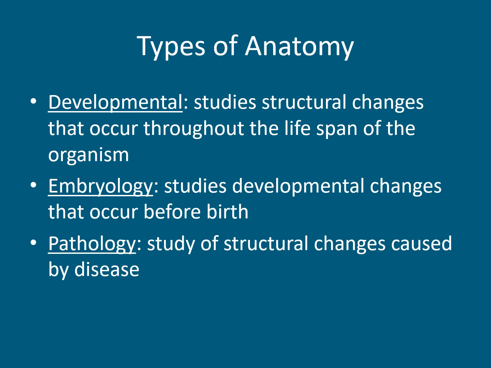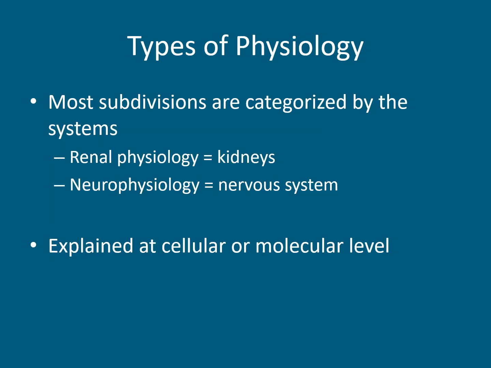Embryology looks at the developmental changes that occur prior to birth. Pathology is looking at the structural changes that are caused by disease. You can also look at different types of physiology. Usually those will be subdivided by the system that's involved, such as renal physiology is dealing with the kidneys, neurophysiology is dealing with the nervous system.